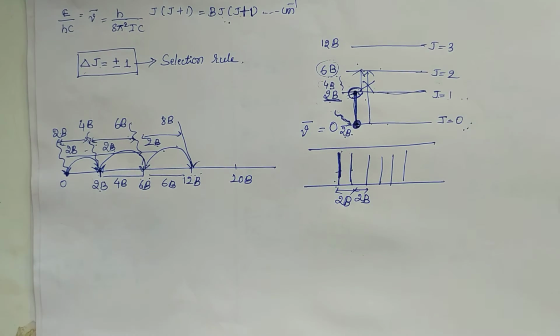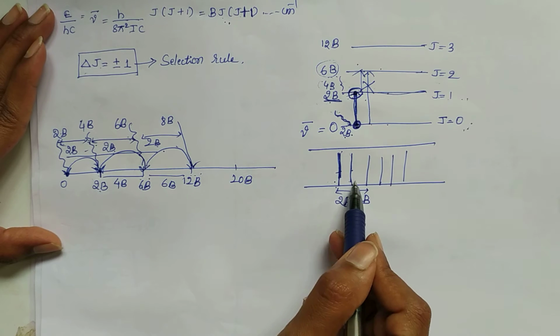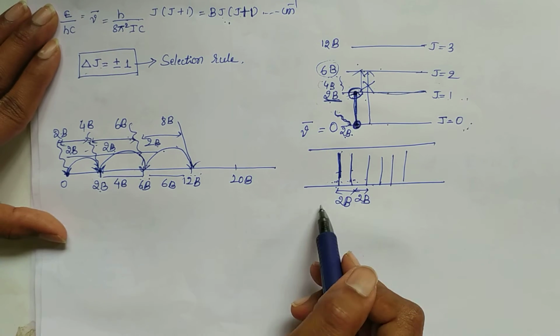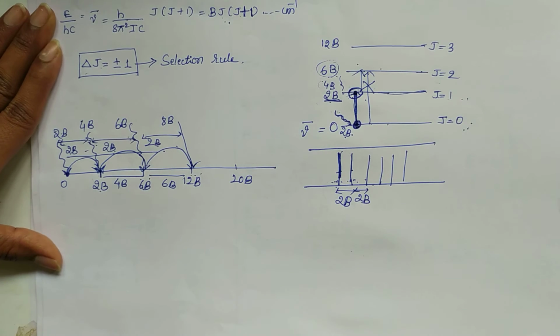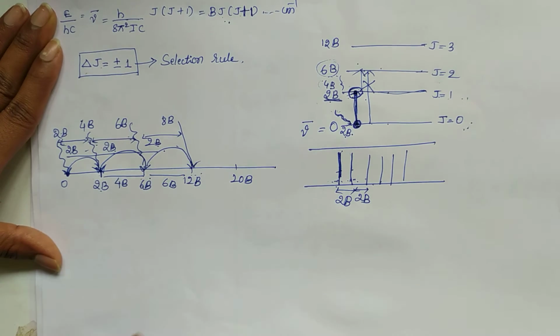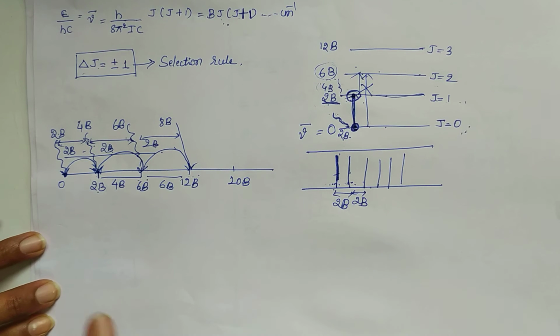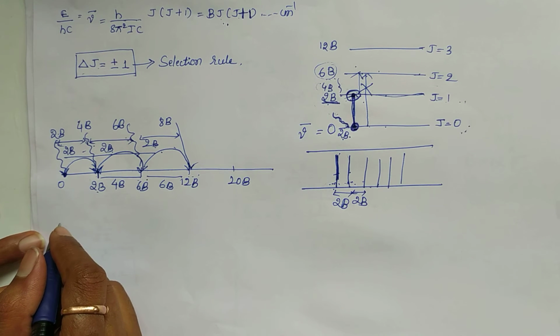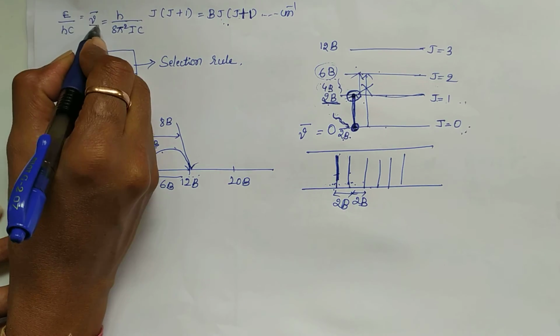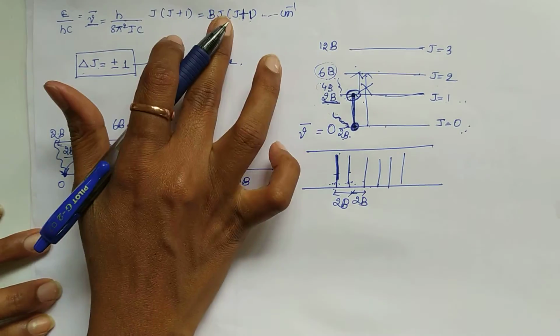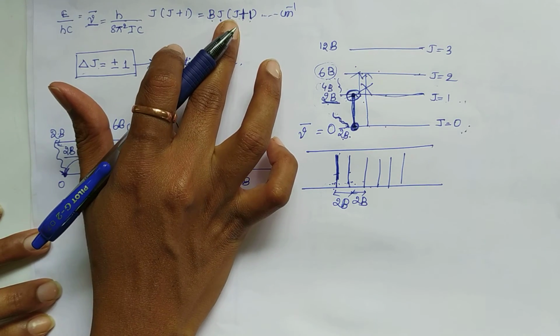From this understanding we come to know that the separation between the lines is going to remain constant, that is 2b, for the rotational spectrum. But mathematically we have to derive this expression, right? Already we know the basic expression for the wave number: wave number is equal to b into j plus 1. This is the energy of the rotating diatomic molecule.